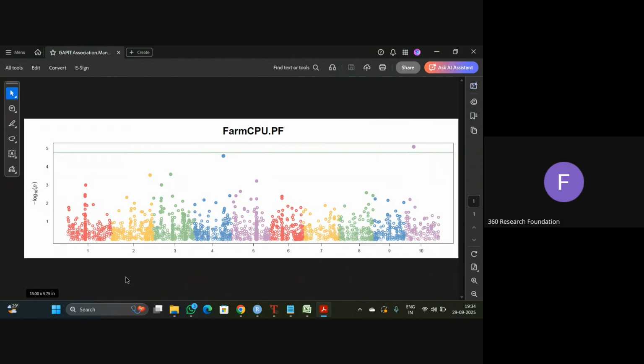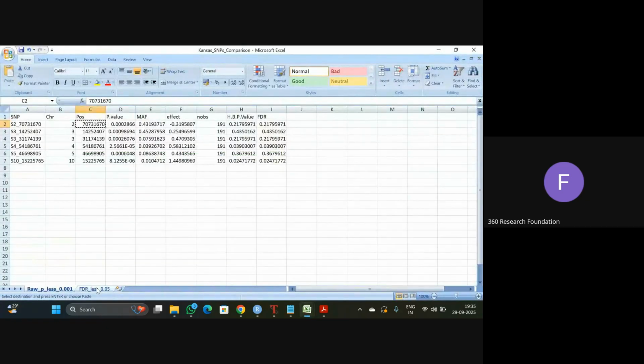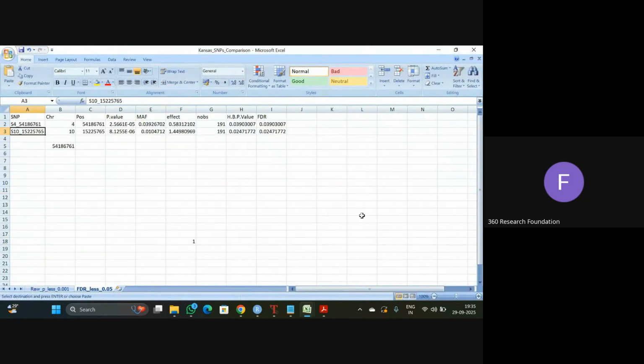So the system-based threshold level is nearby 5. And just see that on the 10th chromosome, one data point is there on the top. That marker we identified, but could not locate on the chromosome. So here we got that marker at the 10th position on the 10th chromosome.